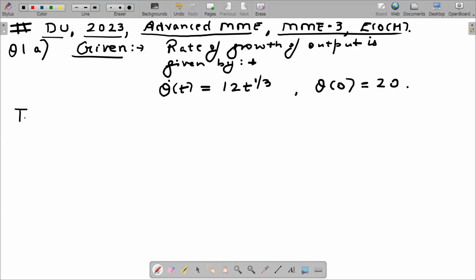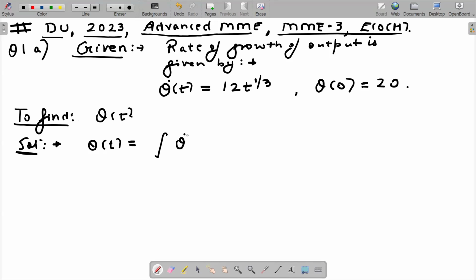Okay, and I need to find Q of T, which means I need to find the output level at time t. How do I find Q of T? I'm going to integrate Q dot T with respect to T. Remember, when I integrate the derivative, I get back the main function itself.